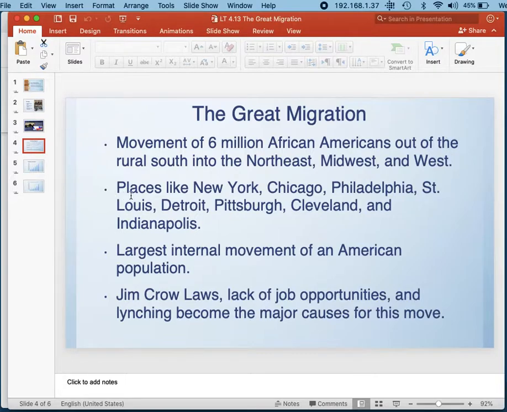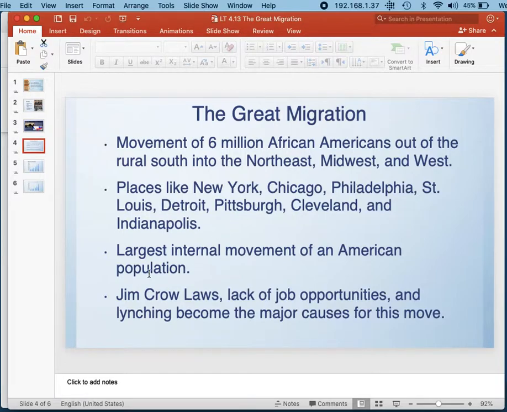So our second bullet point, places like New York, Philadelphia, and Cleveland are places in the Northeast. We live in New York, so this region would be considered Northeast. Places like Chicago, St. Louis, Detroit, and Indianapolis are considered Midwest. They're located centrally and in the middle of the map of the United States. And when we talk about West, we're talking primarily California.